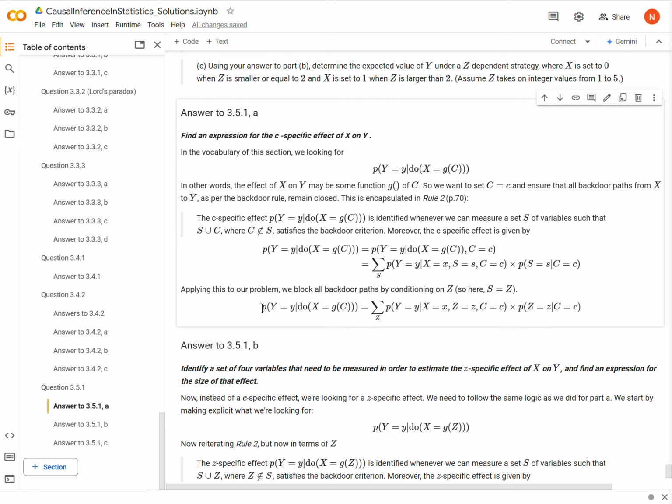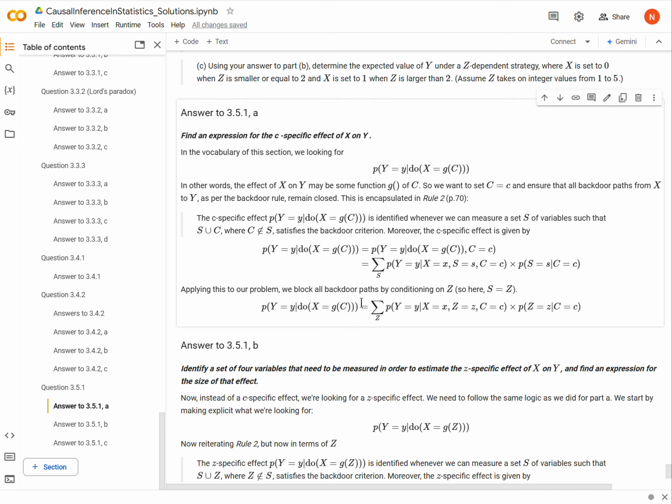So then our expression is just filling in the appropriate variables into these spaces. If S equals Z, well then it's the sum over all values of Z for this expression right here times the probability that Z equals whatever it equals when C equals whatever it equals.